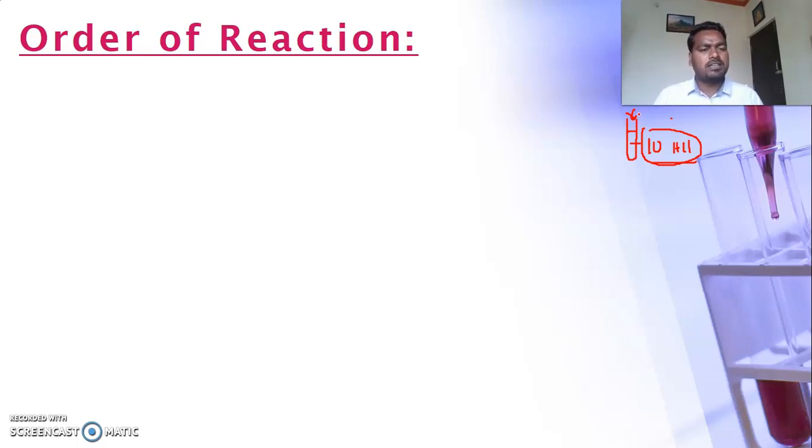Suppose you take the same amount of HCl and calcium carbonate, at that moment both HCl and calcium carbonate are important. So the rate of reaction depends on both, on two reactant molecules. That's why it is second order.